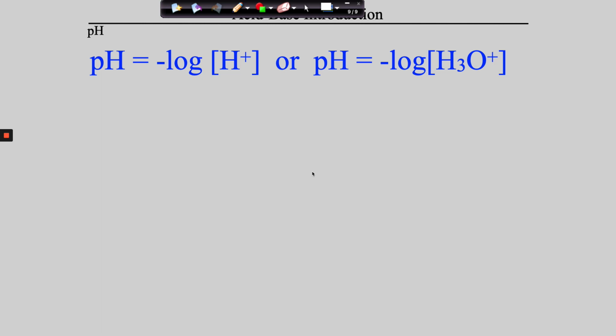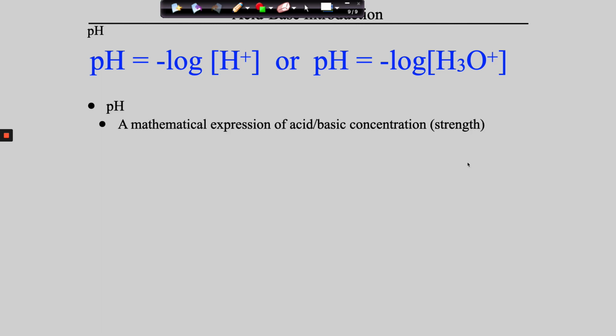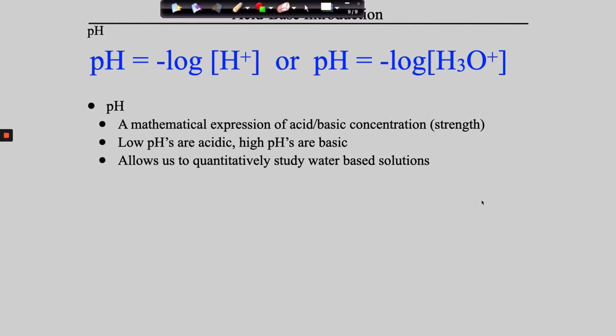But just by way of review, remember that pH is a mathematical expression that tells us the strength of the acid. The lower the pH, the stronger the acid. So low pHs are acidic, higher pHs are basic, and it allows us to quantify the concentration of acids.